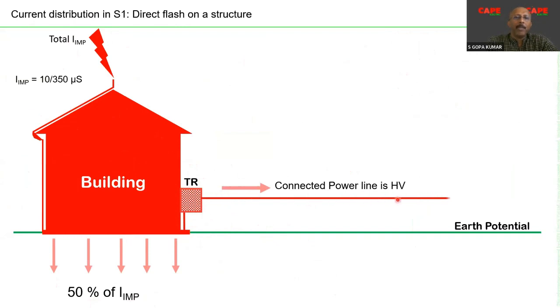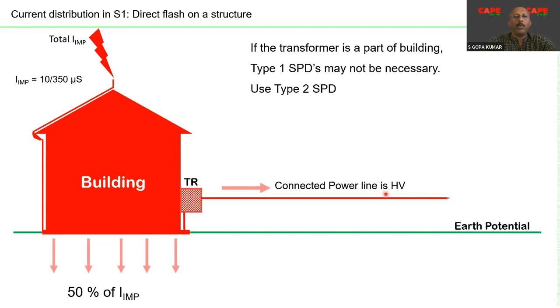The service coming from the electricity supply company is a high voltage supply, not a low voltage supply. Under this condition, you have no route to divert the 100% or 50% of the current through the low voltage power supply, because there is no low voltage power supply connected to the building.